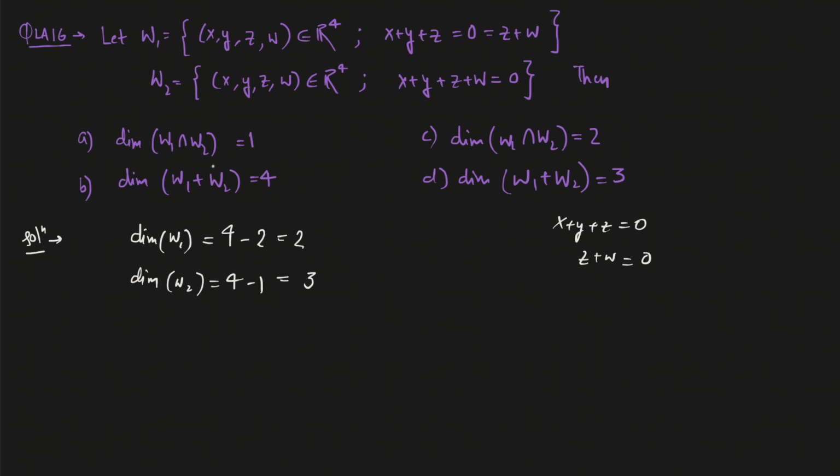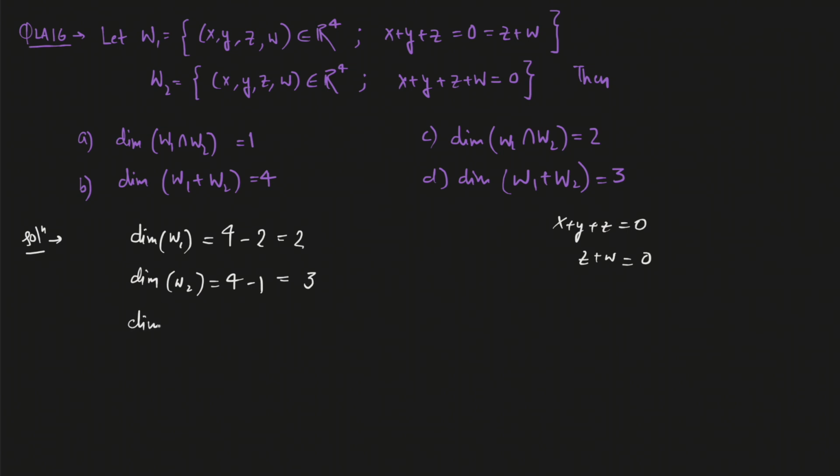Now, in the question, it is asked the dimension of W1 intersection W2 and W1 plus W2. We already know the formula for the dimension of sum of subspaces, but there is as such no formula for the intersection. But there is a way to calculate the dimension of intersection of subspaces.